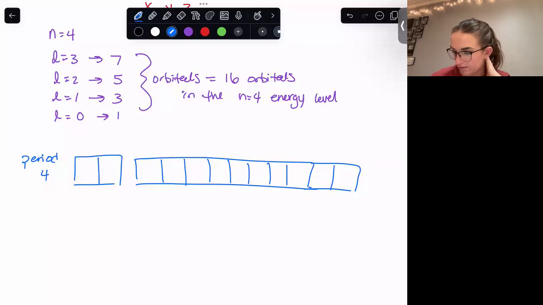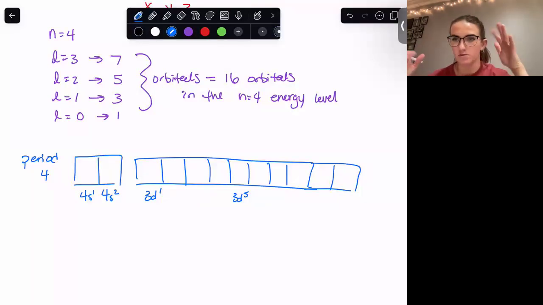So this would be 4s1, 4s2, 3d1, 3d5, right? Stuff like that. Everyone follows where I am on the periodic table?